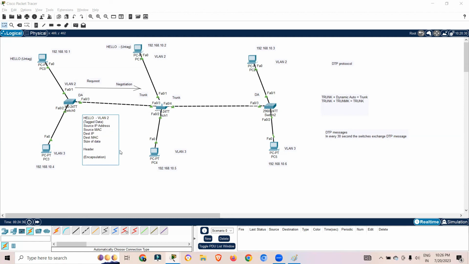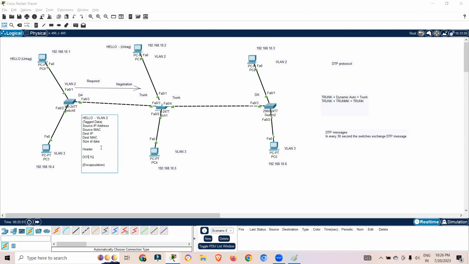We call this information the header, and the header has the information of either ISL or 802.1Q.